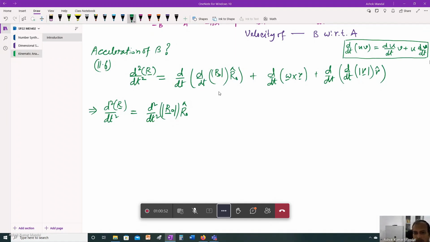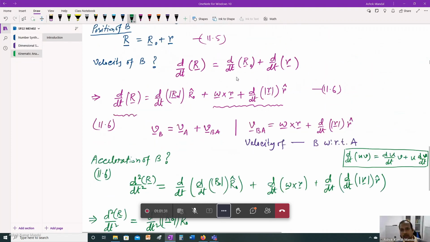The same thing you can apply here also. This is a scalar quantity and this is a vector quantity. Differentiation of the first quantity into the second, that's what we have written here. Next is the first quantity, then the differentiation of the second quantity. Now if you differentiate this quantity, what will you get? Zero, no? Yes, sir.